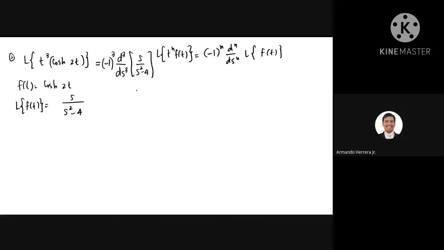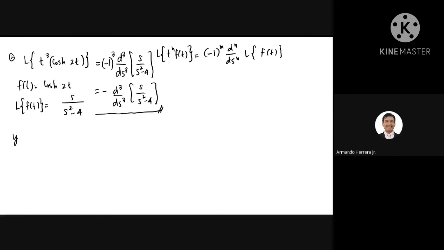So that is what we will look for. So negative 1 cubed is negative 1, times the third derivative with respect to s of s over s squared minus 4. So we will get the third derivative of s over s squared minus 4 preceded by a negative.